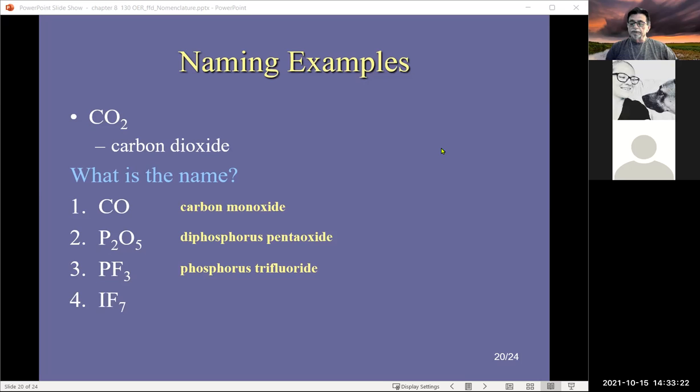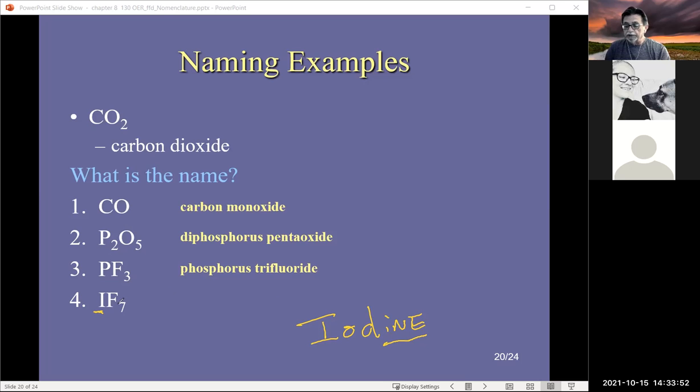All right, now the parent name would be iodine. Notice it's iodine because it is the central atom, which will always be written first. It is not iodide. If it's a secondary element, then yes, it would be iodide.